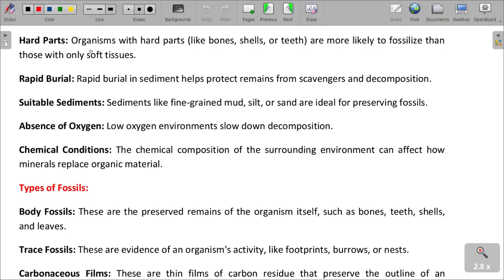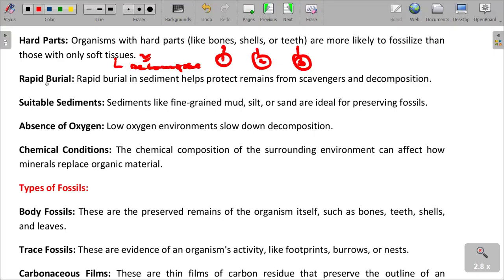Organisms with hard parts, like bones, shells and teeth, are more likely to fossilize than those with soft tissues. Soft tissues, obviously, decompose, class. So there must be hard parts of the organisms, such as those we have identified.